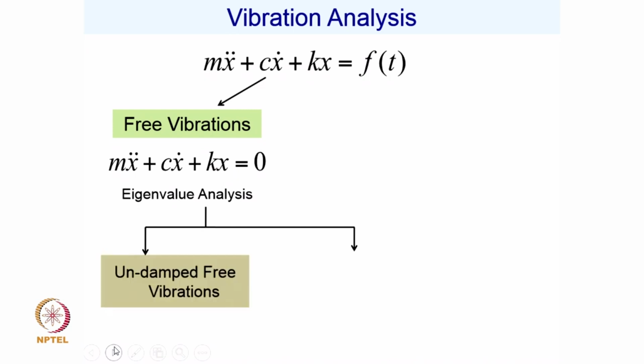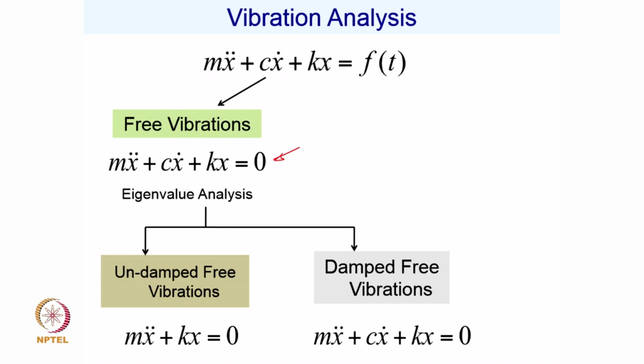One is treating the system as undamped, where damping is not considered and is ignored. So, you have undamped free vibration analysis in this case, whereas if you include damping, then it becomes a damped free vibration. The equation that you see here is what is investigated for damped free vibration, whereas when you have undamped free vibrations, the damping term is ignored, and therefore, these equations respectively turn out to be this.